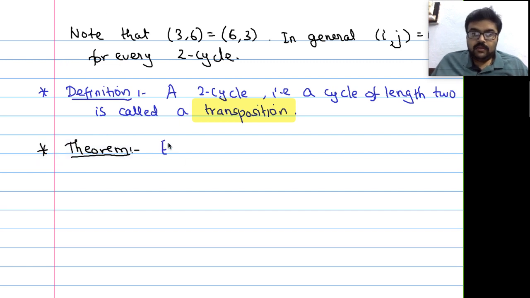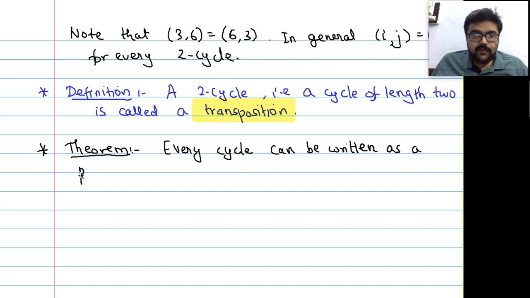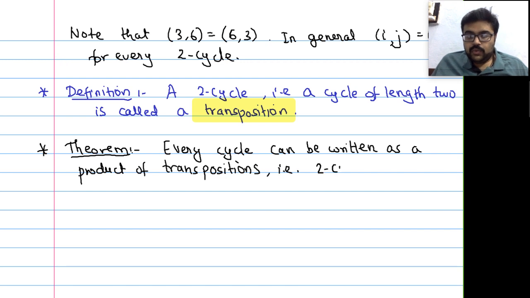So every cycle can be written as a product of 2-cycles.